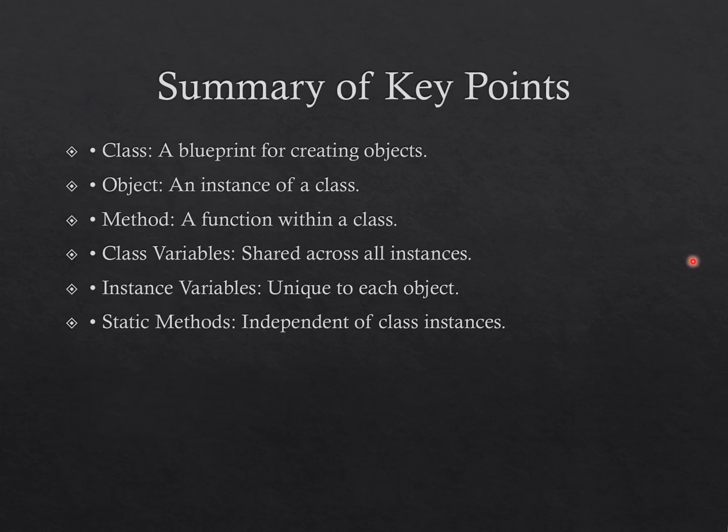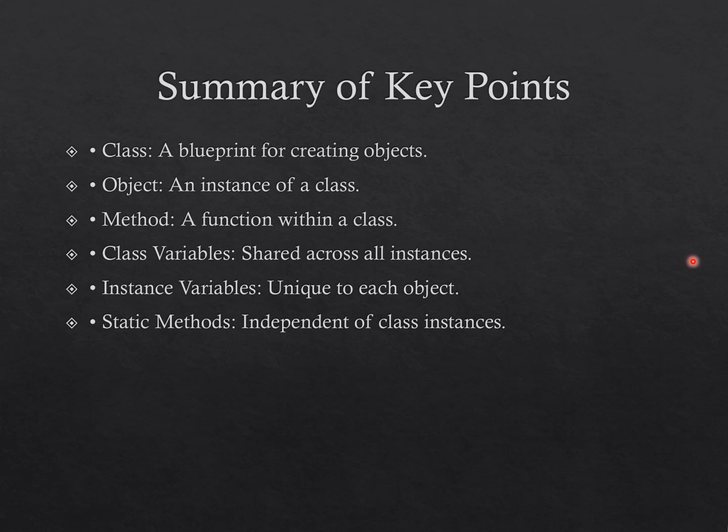Okay, so in summary, what we have understood: a class is a blueprint for creating an object. As I mentioned, it's a template. An object is an instance of a class. A method is a function within a class, and class variables are shared across all the instances, so these variables are common to all the instances created from that class.